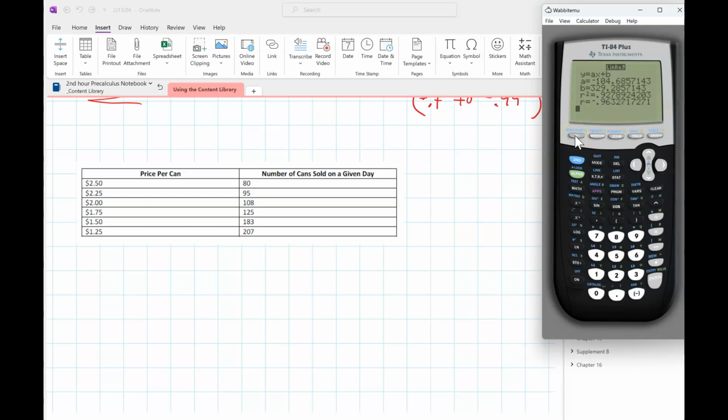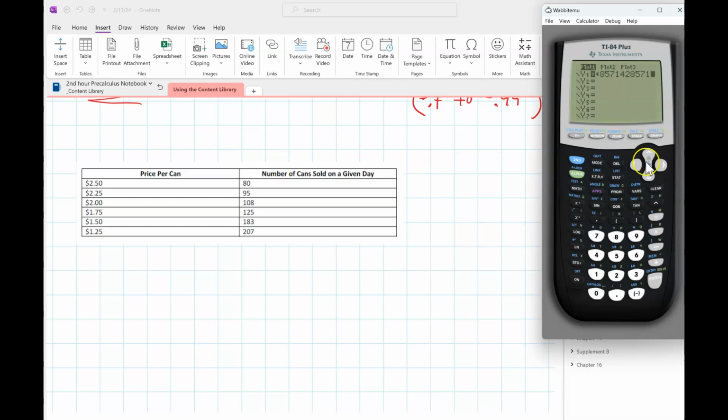What I want to point out to you, let's look at what we have now. If we press the y equals button, look at what you have in y1. What is in there? That's the equation the calculator just made for us, right? It typed it in there all on its own with all the decimals.